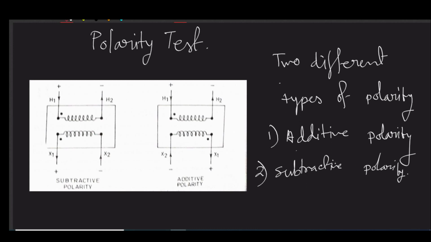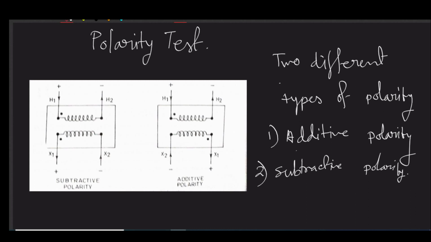If you take a planar view of your core, H1 should be on the right hand side of the transformer as you view it. So H1 must be the right hand side terminal, and the left hand side is H2. This is our high voltage winding.